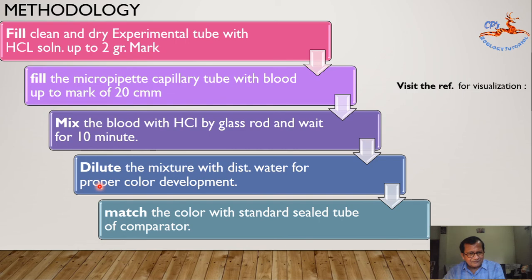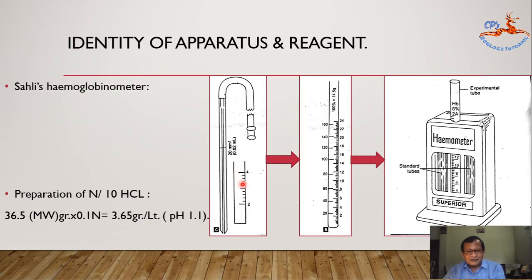Again, after 10 minutes, dilute the mixture, that is the hemolyzed blood, with distilled water for proper color development. During this mixture, the color has changed due to hemolysis, and now water is added to it drop by drop with the dropper, and simultaneously it is mixed so that the volume of the content rises.